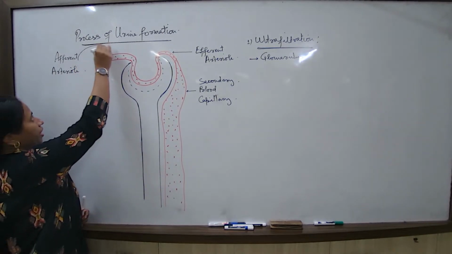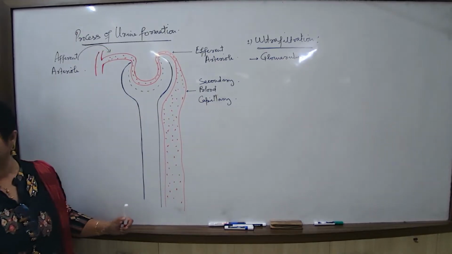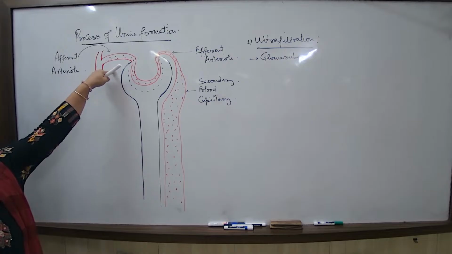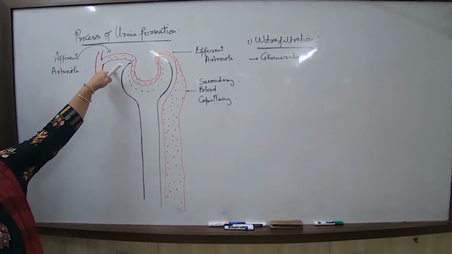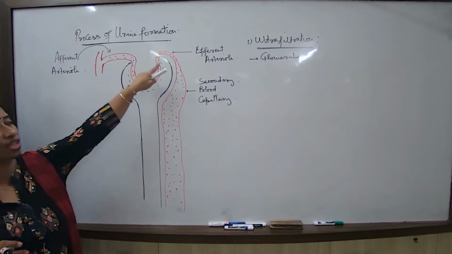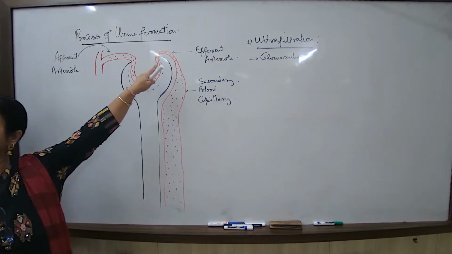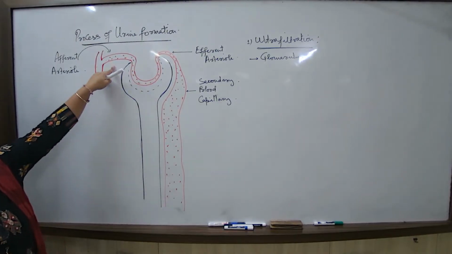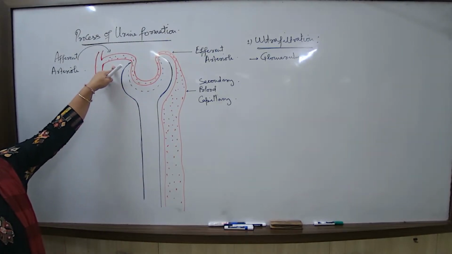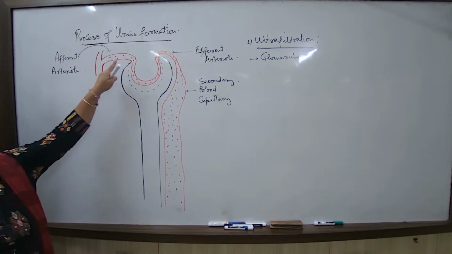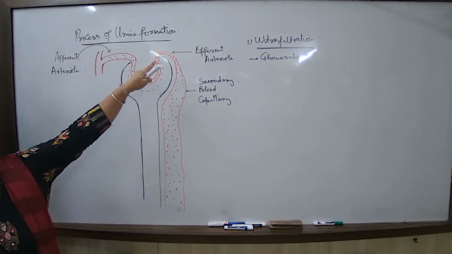So you are already aware that when we are talking about the renal artery, or the afferent arteriole also, the pressure of the blood in an artery is always very high. So this is one reason. Second is, this afferent arteriole and the efferent arteriole don't have the same diameter. There's a huge difference in their diameter. The afferent arteriole is very wide, and the efferent arteriole is much narrower.